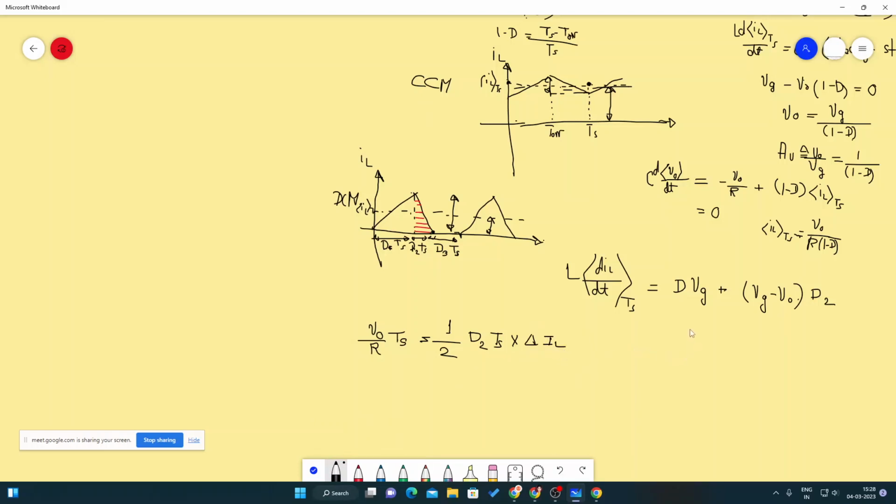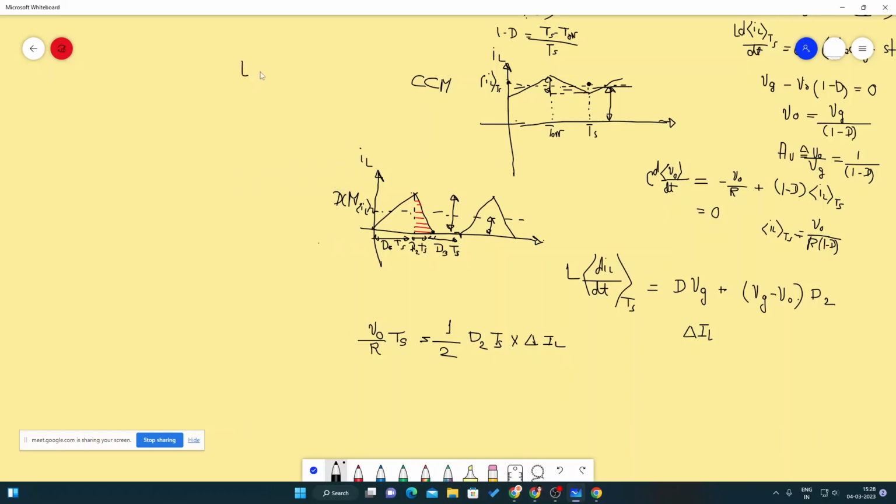Now what is delta IL? To obtain that, during the falling slope, what was the inductor expression?